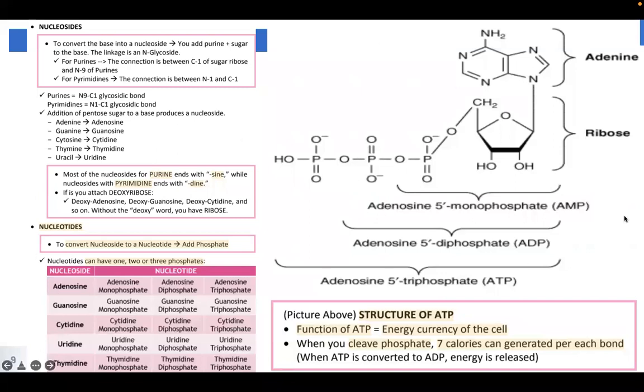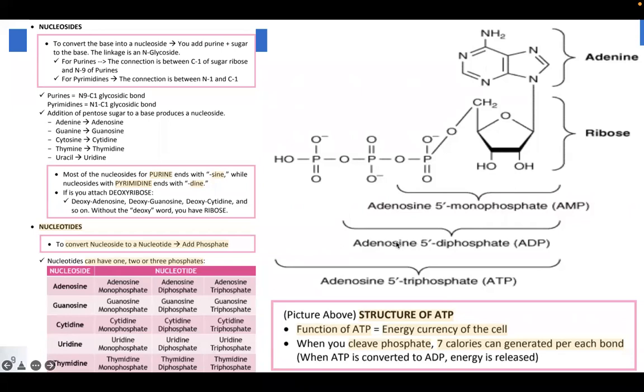So, tingnan natin sa illustration kung paano yung naging mechanism nung nag-add na ng phosphate from a nucleoside, naging nucleotide na siya. So, tingnan natin, meron kang adenine dito and then meron kang ribose sugar dito. Okay? So, nung dinagdagan po natin ng phosphate, naging adenosine 5' monophosphate na, isa pa lang. Ito siya, ito, tsaka to.